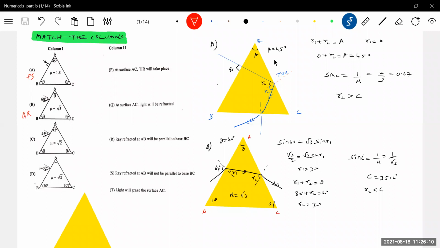Light will graze the surface AC. Okay, QR will take this one.